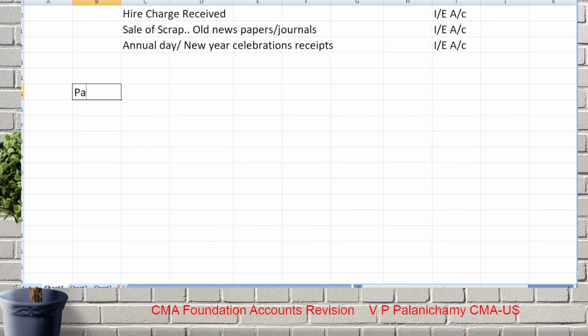Same way, payments. On the payment side, what are the examples of payments of revenue nature? Revenue means recurring expenses. We have seen capital and revenue expenditure. What all will come?